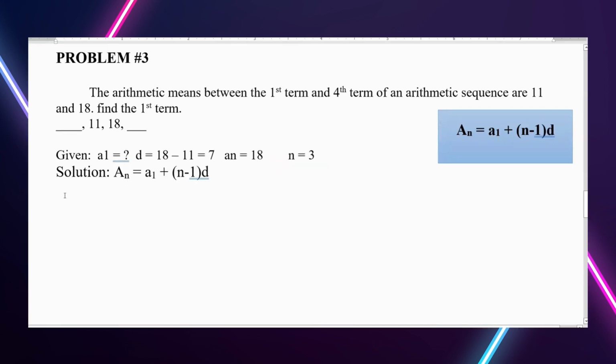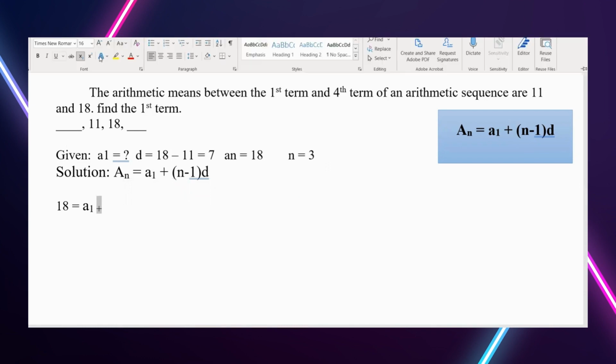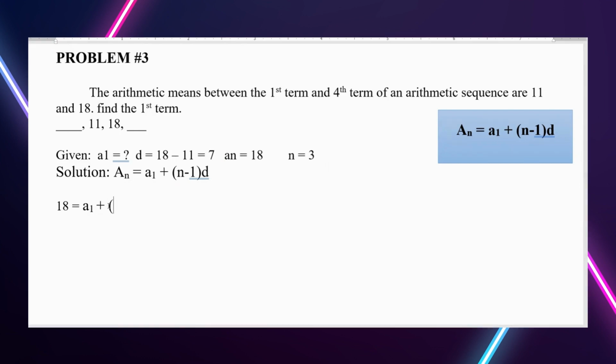Let us substitute the values in the formula. Our a sub n, or the last term, is 18. Our a sub 1 is what we are looking for. Then we have the value of n, which is 3 minus 1, and the common difference is 7.